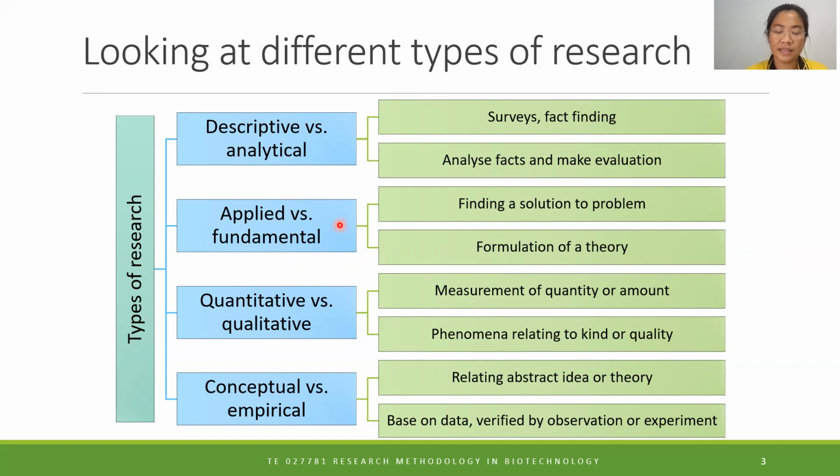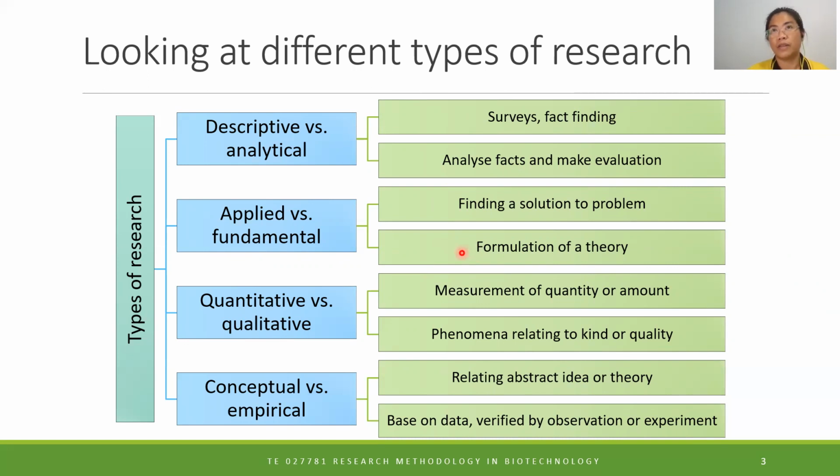Another type of research, the versus thing, is whether your research is applied research or fundamental research. That means whether your research is to find a solution to a problem, or your research wants to formulate some type of theory. As you could imagine, if your research is fundamental, you are trying to formulate and find a theory.